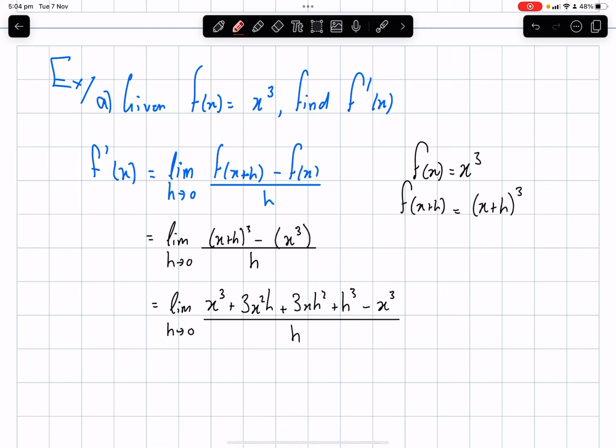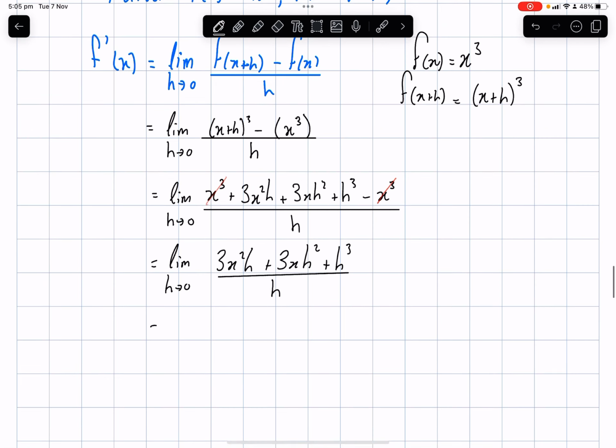Now, hopefully on the top line, you can see I've got x cubed minus x cubed, and they cancel out. Now, at this point, you should hopefully notice that everything without an h in the top line has cancelled out. So all of these terms remaining will have some h in it.